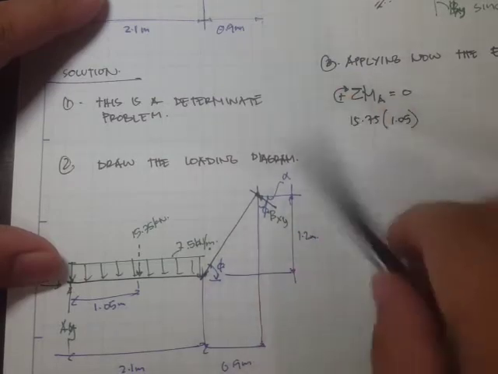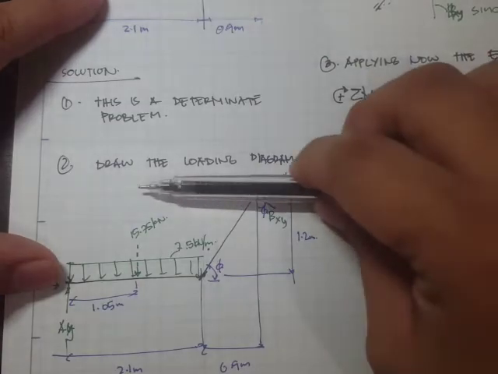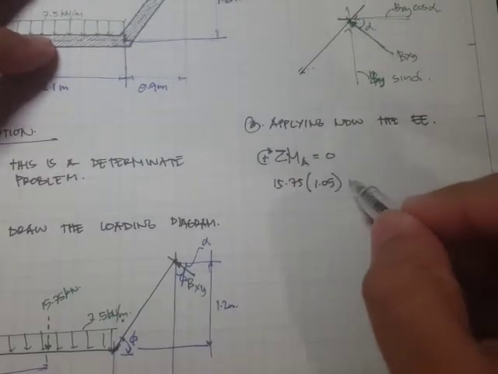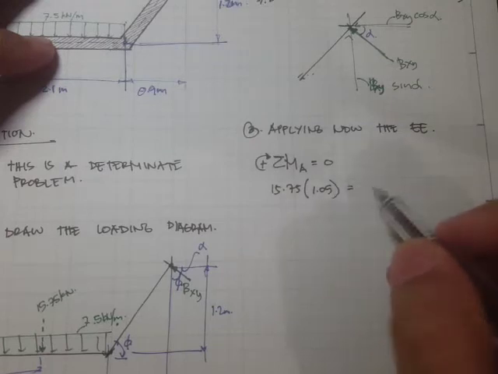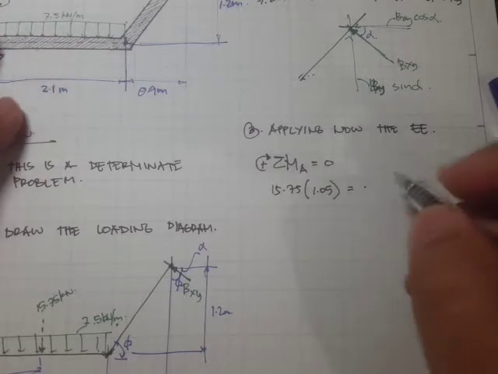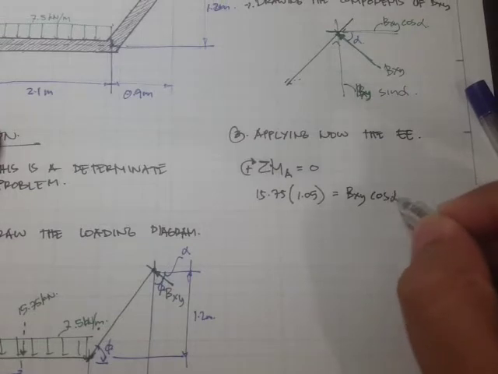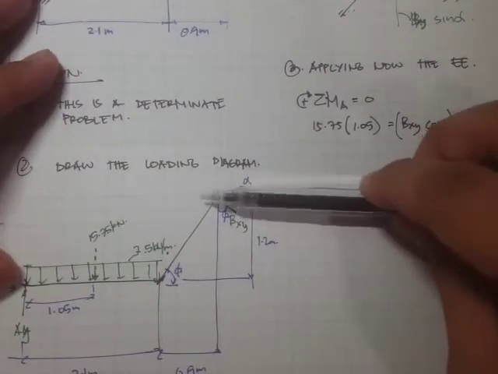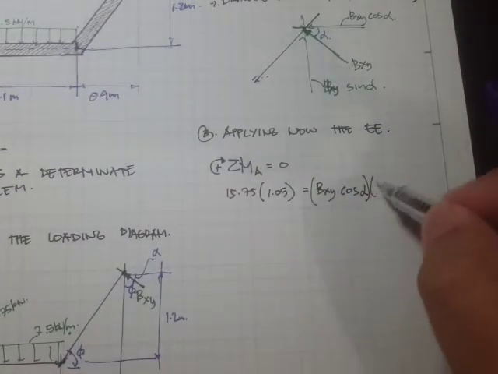What else? We also have the x component. It produces a counterclockwise moment, so that is minus, or I can simply write it on the other side. This is BXY cosine alpha times the moment arm of 1.2.